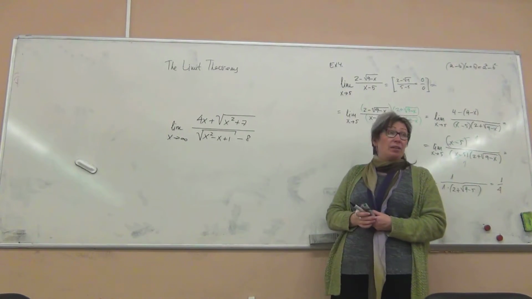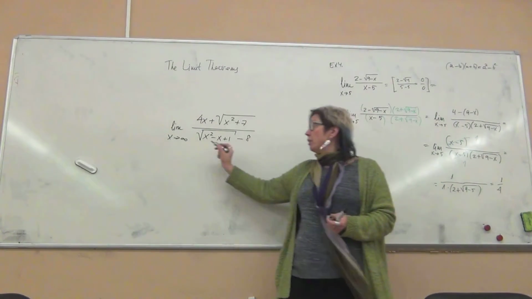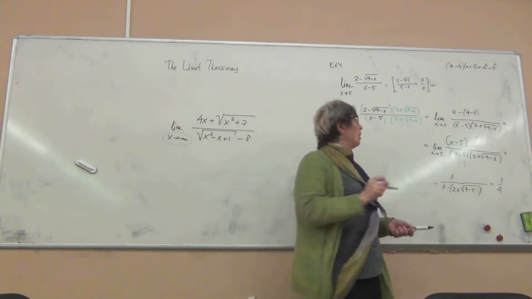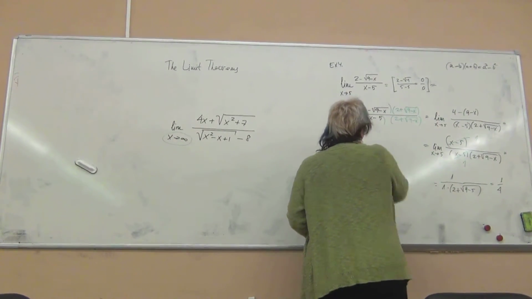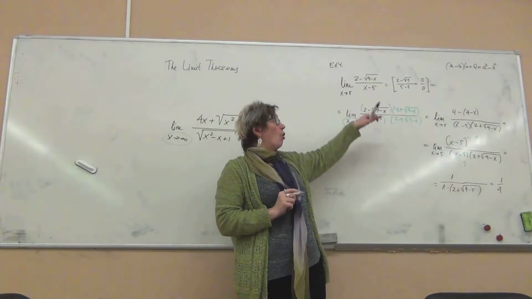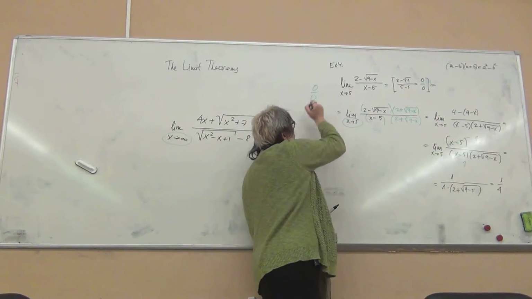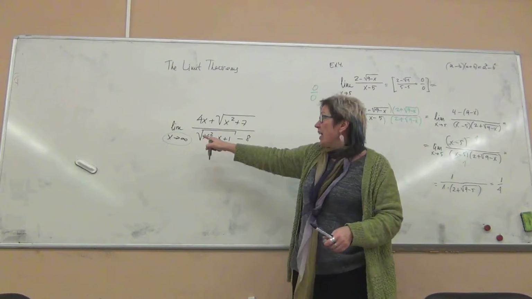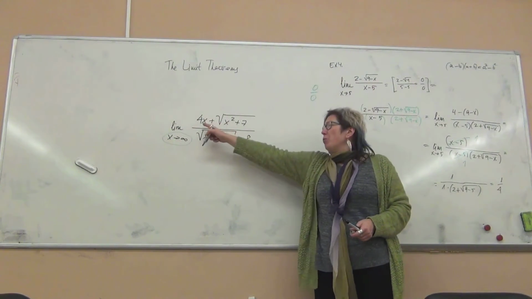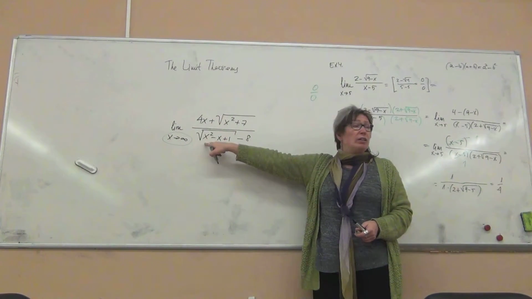But in this case, there's a big difference. And the difference is this part. Here we have x tends to some finite value and we have 0 over 0. In this case, if x tends to infinity, what we basically have is infinity over infinity.